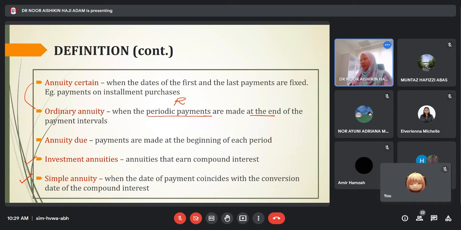Okay, itu yang kita buat katalah monthly. So at the end of the first month, at the end of the second month and so on, that's when you're making the payments. And the date coincides with the conversion date of the compound interest. Kena compounded monthly kalau monthly payment.